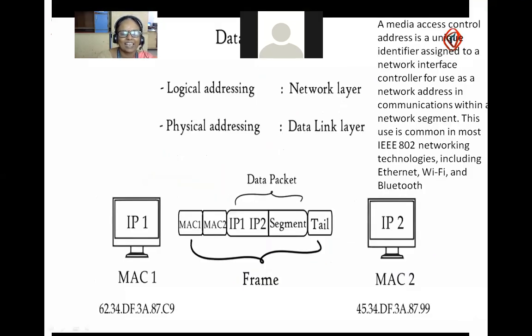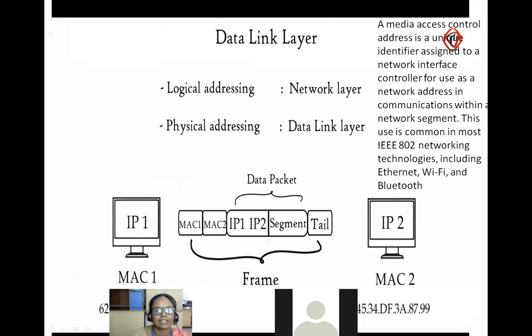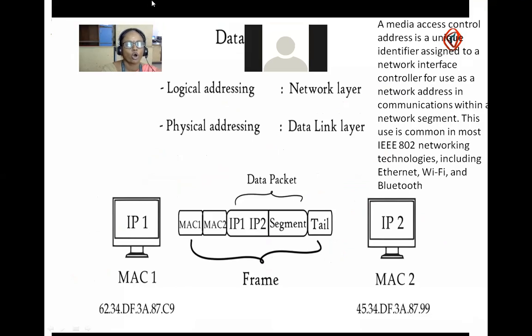I told you now about head and trail. You have to understand that the network layer is responsible for logical addressing, and the data link layer is responsible for physical addressing. We were saying that it is split into segments and then into bits, but here it will give the MAC, media access control address.